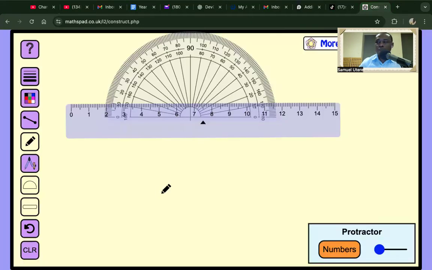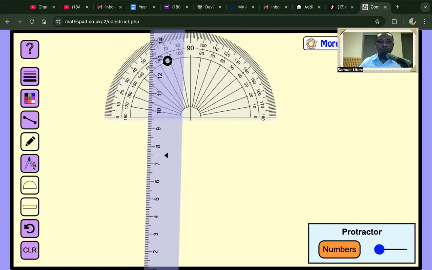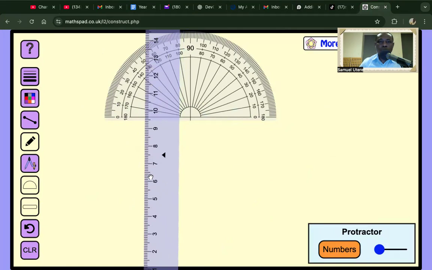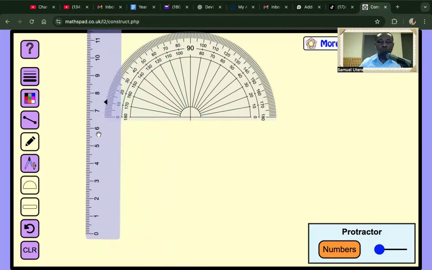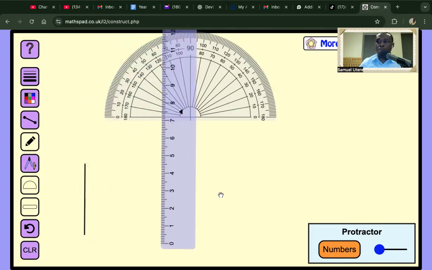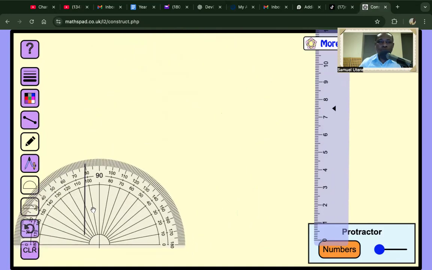Okay. So we want to construct the first quadrilateral. So first, we're going to move our ruler to be vertical. We want 4 centimeter. Then we want a 90-degree mark at that point.